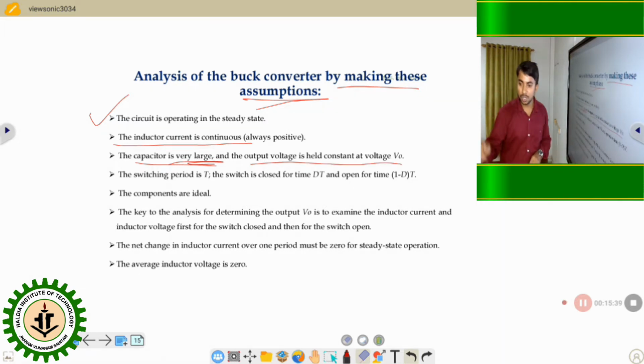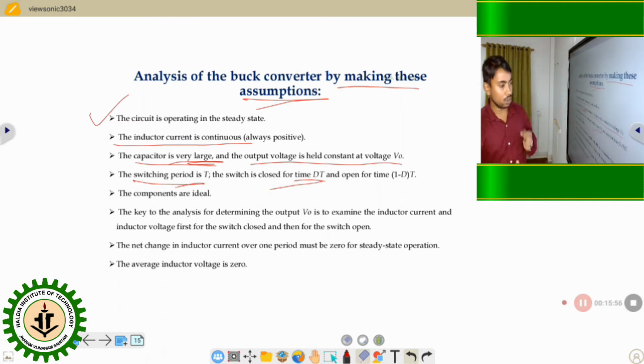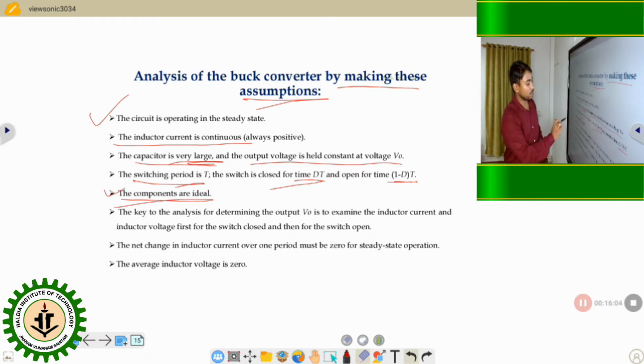The switching time period is T. When the switch is on, this time is DT, and when the switch is off, this time period is (1 minus D) times T. All these components are ideal. To analyze the output voltage, we must first consider the inductor current and the inductor voltage.